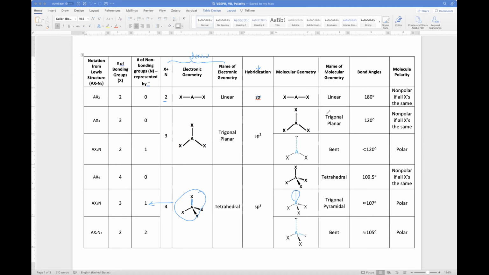Now, one thing you can do to help yourself memorize this column is you can always get gummy bears or marshmallows, anything that you can stick, and toothpicks. And you can build these structures. You can build the basic structures, and then you can pop, basically I would build this.